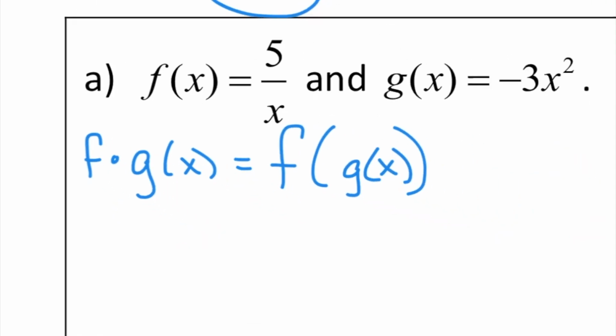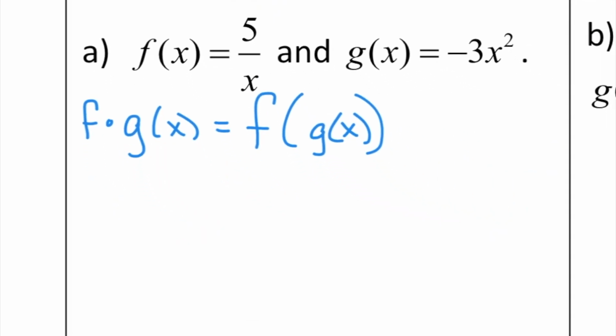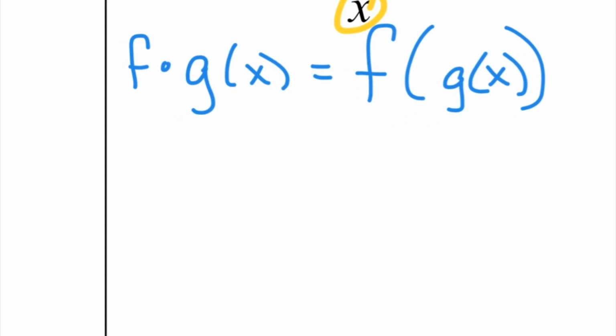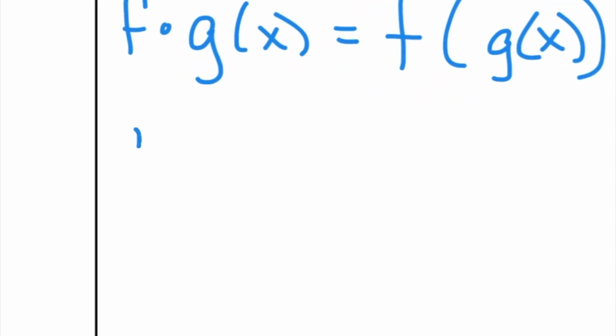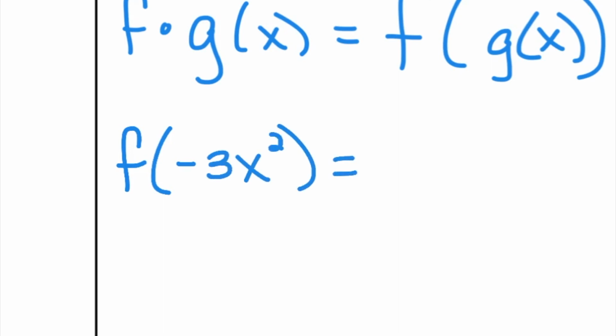So you're going to take whatever is the g of x and you're going to put it where the x is in the f of x. And so that whole thing for this first problem, you're going to be doing f of and then that negative 3x squared. And so in this case, it's going to be 5 over negative 3x squared.